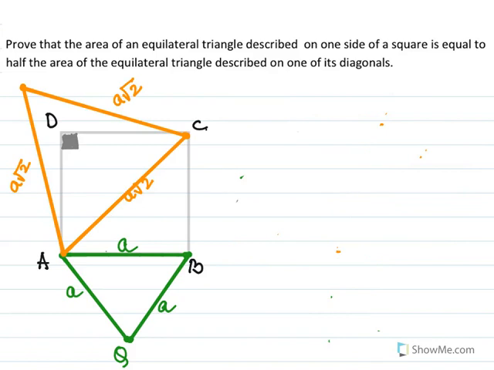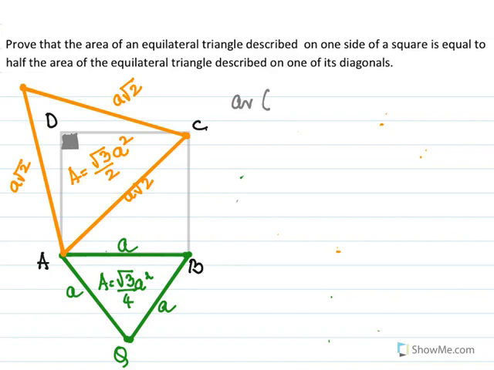So these were our two triangles. This yellow triangle is a triangle on the diagonal, and we found the area equal to root 3 by 2 A square. And the green triangle is a triangle on the side, and the area is root 3 by 4 A square. We have to find the ratio.